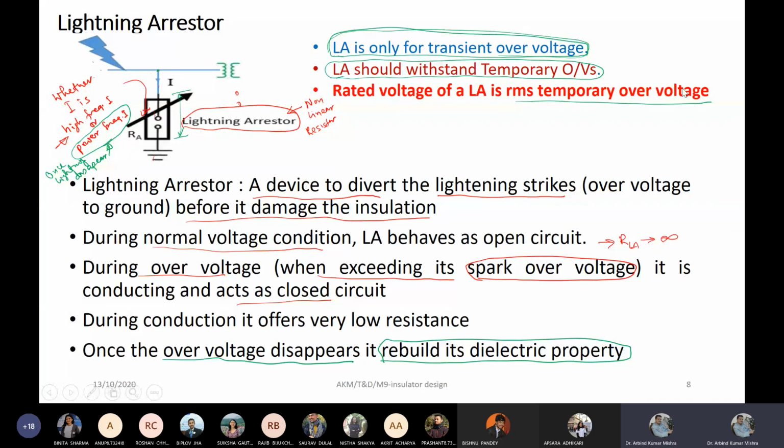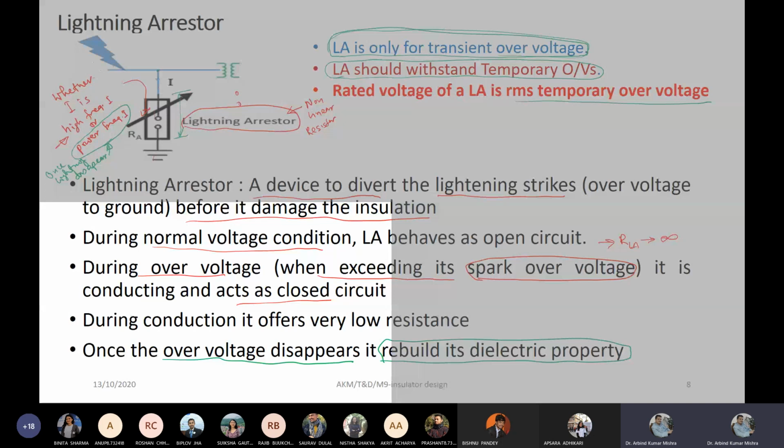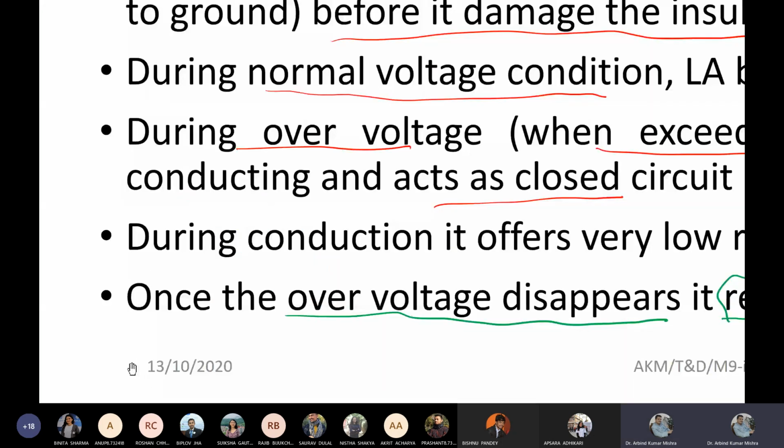So, for example, if we have an 11 kV system, what will be the rating of the lightning arrestor? Now you can say very easily.